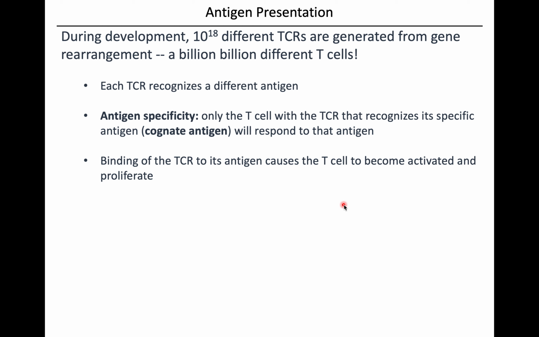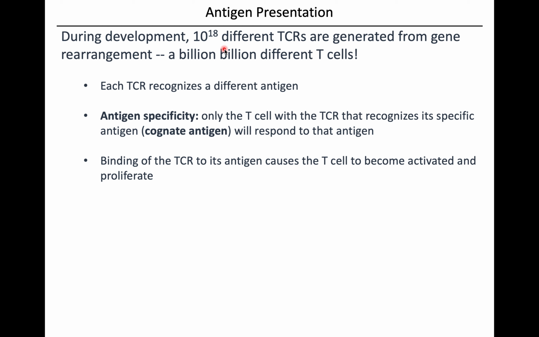And you can imagine, there are lots of different possible antigens out there. So pretty amazingly, during embryonic development, your body produces just a staggering number of different T cell receptors through a gene rearrangement process. And Dr. Peak in the biology department is actually something of an expert on that phenomenon.